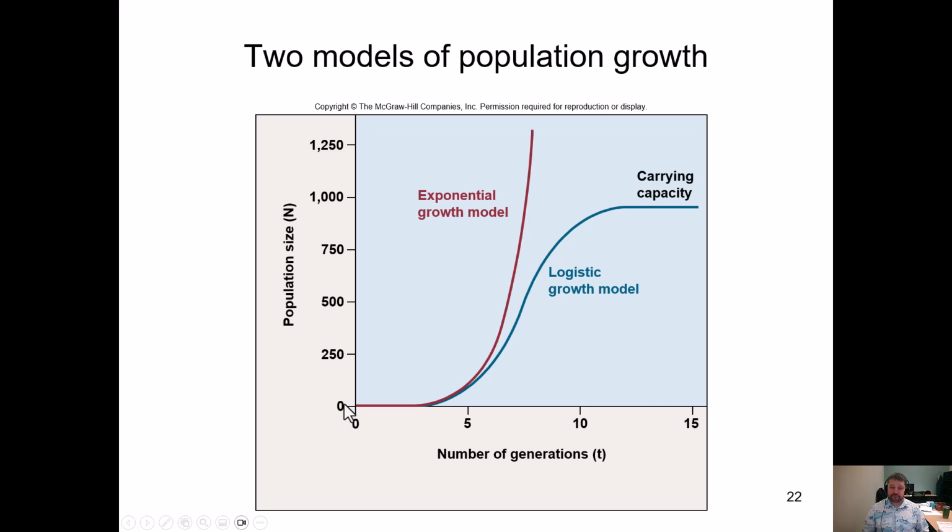But in some situations, when we sample that population, it might fit an exponential growth model. It might be increasing. We might not know what the K is. Okay, but all species on this planet have a carrying capacity, and they will establish some kind of logistic growth model at some point in time.